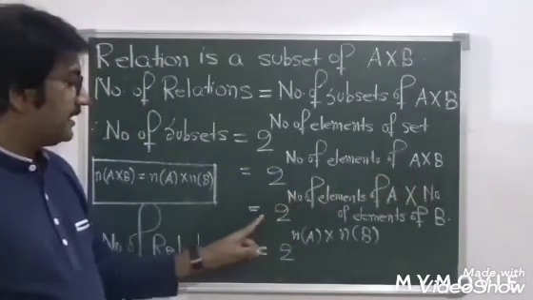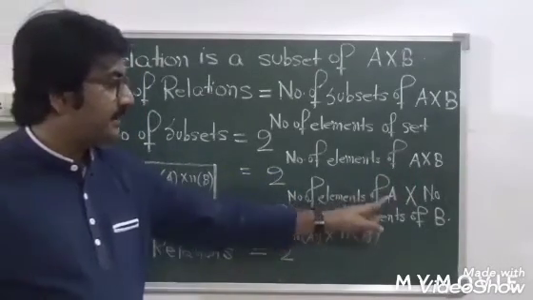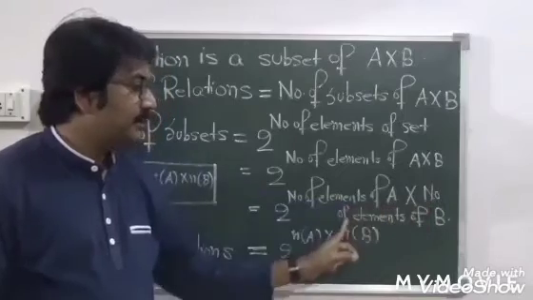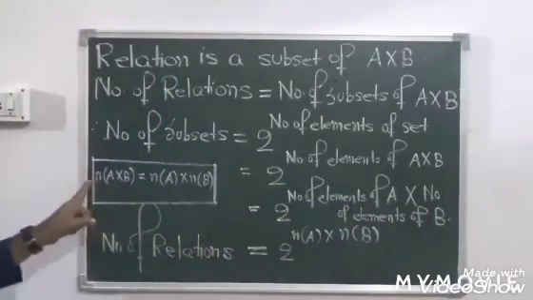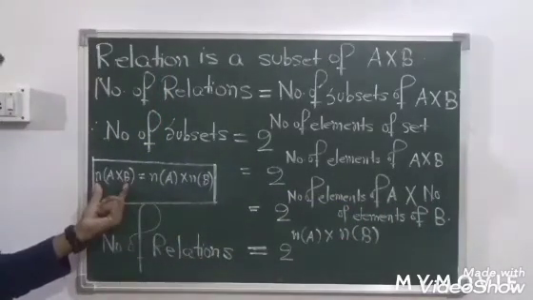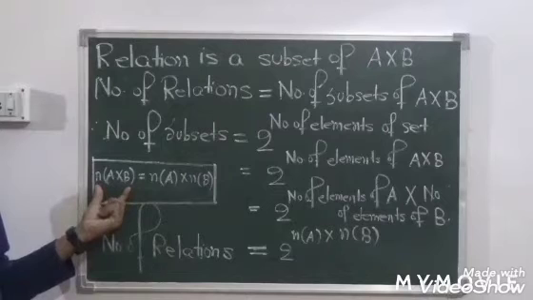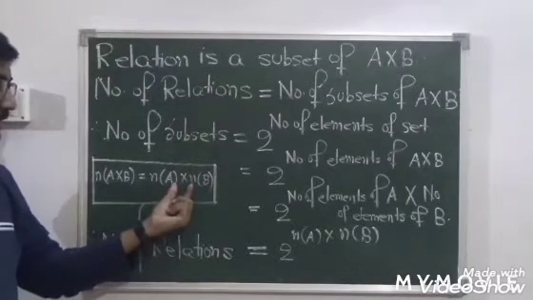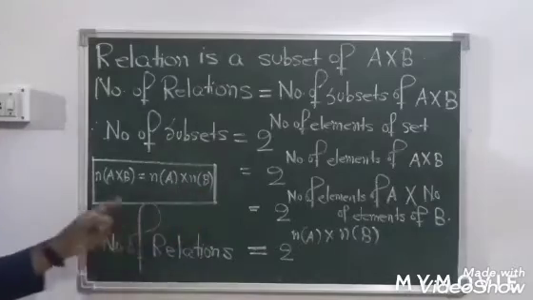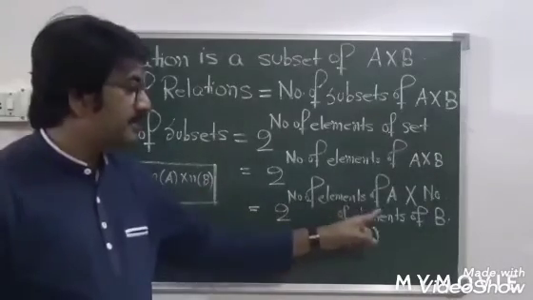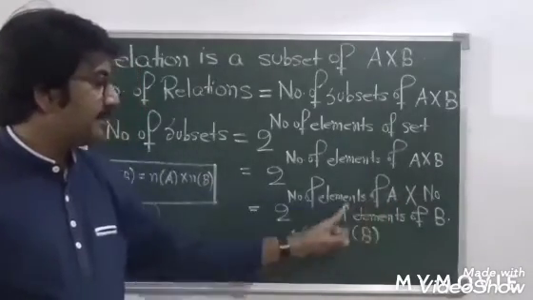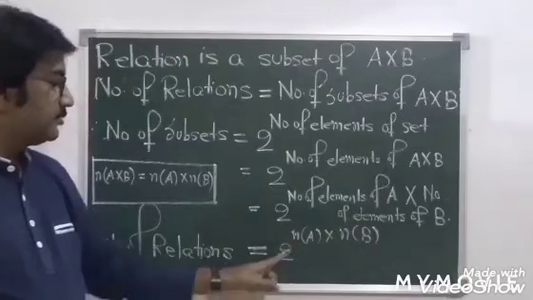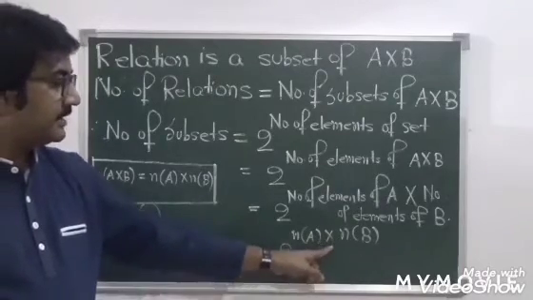The total number of elements in the Cartesian product A cross B is equal to the number of elements in set A multiplied by the number of elements in set B. So it is 2 to the power of n(A) times n(B).